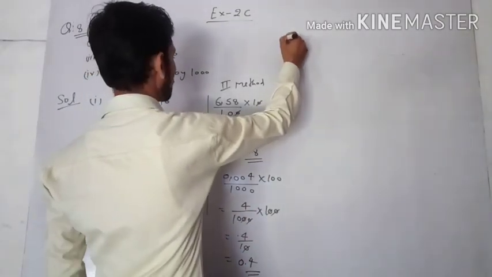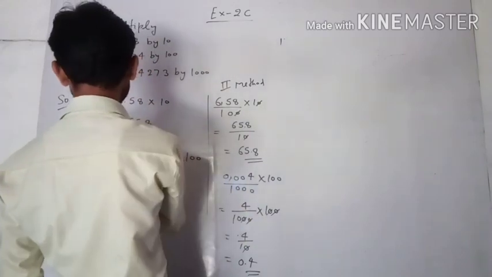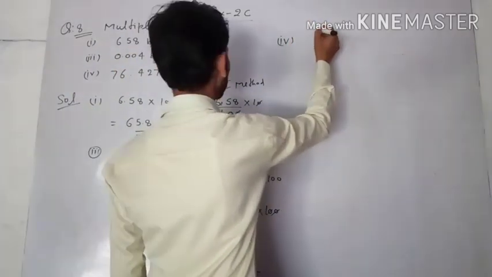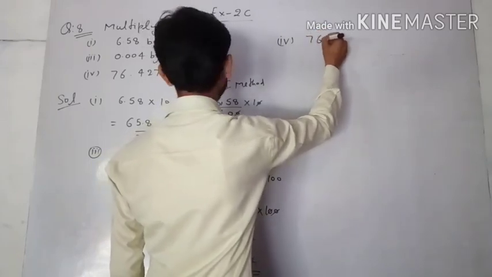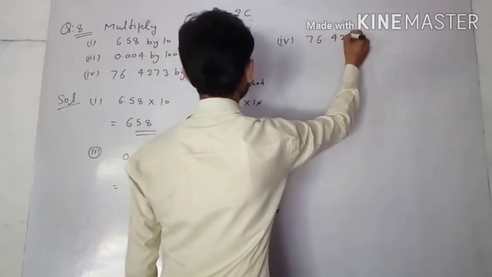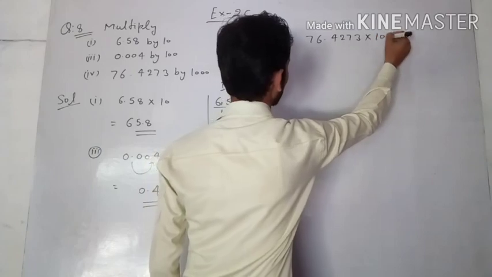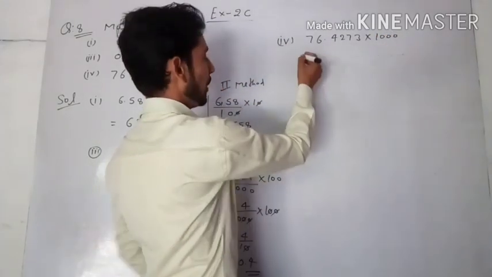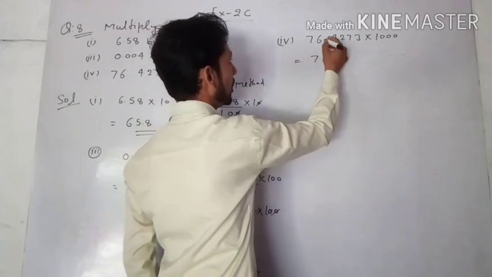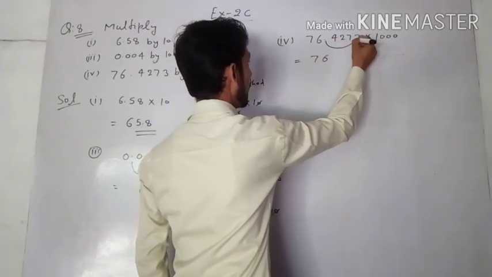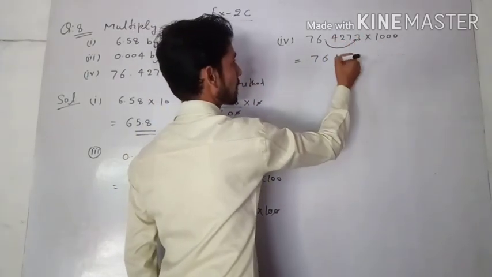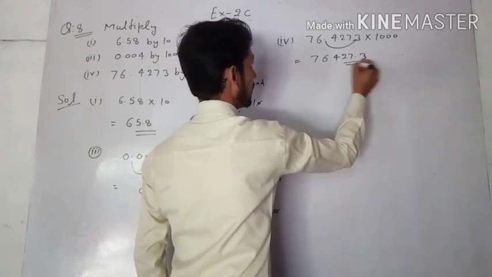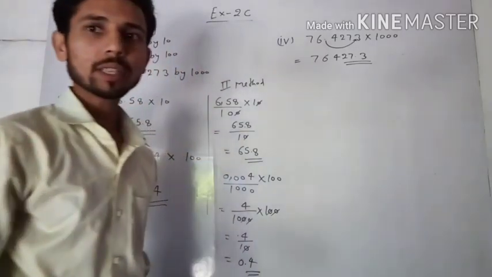Fourth part: 76.4273 multiplied with 1000. There are three zeros. So when we multiply by 1000, the decimal shifts three places to the right. That's your answer.